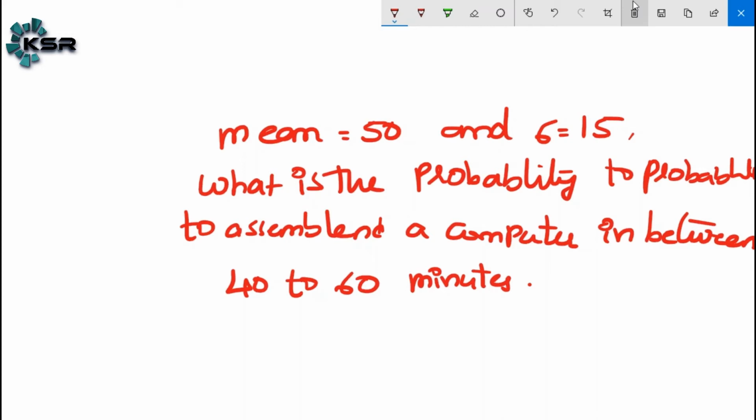You would like to assemble a computer with the mean of 50 and the standard deviation of 15. What is the probability to assemble a computer in between 40 to 60 minutes? Okay. Now let me go with an answer.